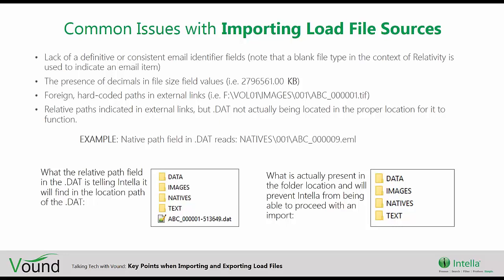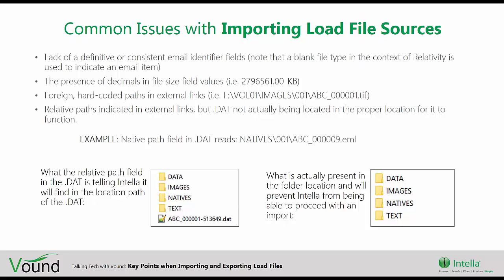Let's take a look at the specific example I'm showing here. This is a very common problem. When we look at the sample native path field in the DAT, from a single line of the native link field, we see natives/001/ and then the name of an individual email. What that path is communicating is the location, in the relative path, where the file needs to be. This is where I said earlier in the presentation we're going to visualize it.